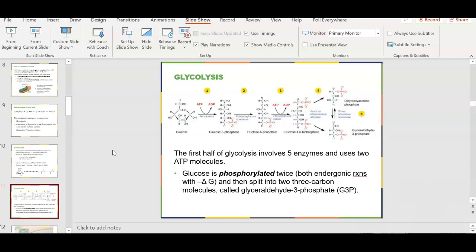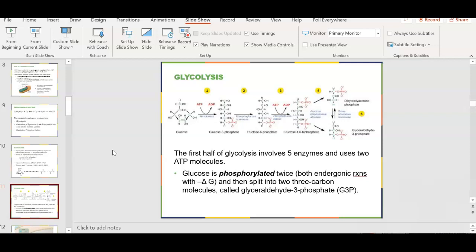And a kinase is an enzyme that has to do with either phosphorylation or dephosphorylation. So in this reaction, if you notice, ATP is used in the very first step, which means that very first step would be endergonic and needs ATP.